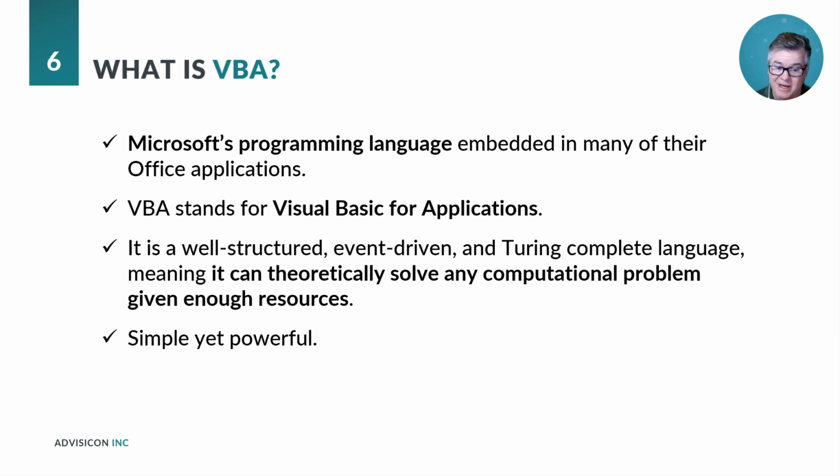It's designed to be easily understood, even if you're not a professional programmer, but at the same time, it is incredibly versatile. VBA is what we can consider a Turing-complete language, which means that given enough resources, it can theoretically solve any computational problem. This is huge when you think about the complex tasks we manage as project managers.